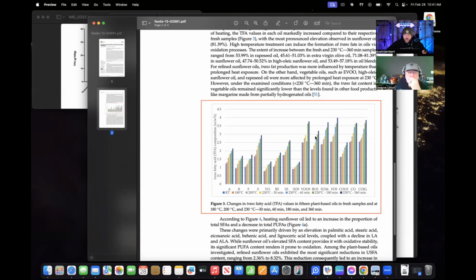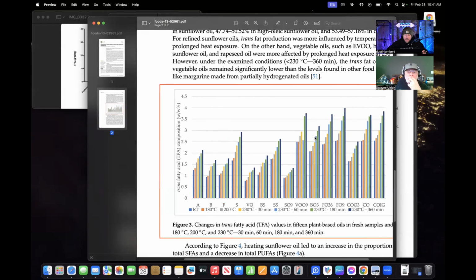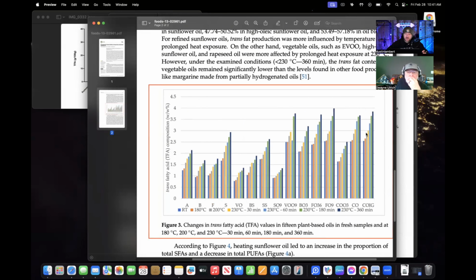Just looking at the chart, it would be pretty easy to paint the picture that this is alarming. We see a stepwise linear increase as the temperature goes up and as the time increases. However, looking at the left-hand side, these are trans fatty acid composition as a percentage of the wet weight. The dark blue on the left is room temperature, and the right-hand side is 230 degrees for 360 minutes.